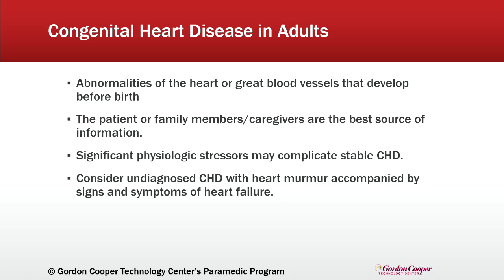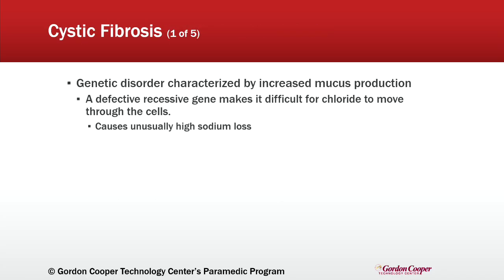Consider that there may be an undiagnosed congenital heart defect if a patient has a heart murmur along with signs and symptoms of heart failure. So we want to make a consideration there that there may be something to that.